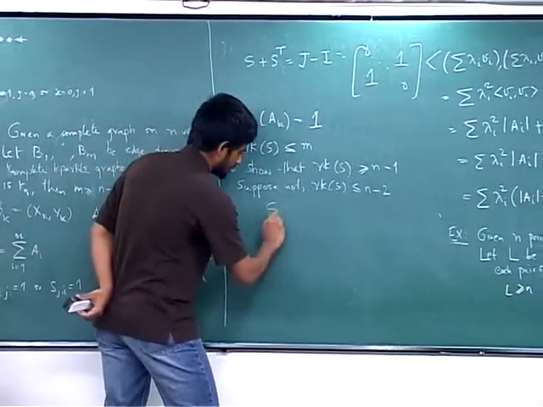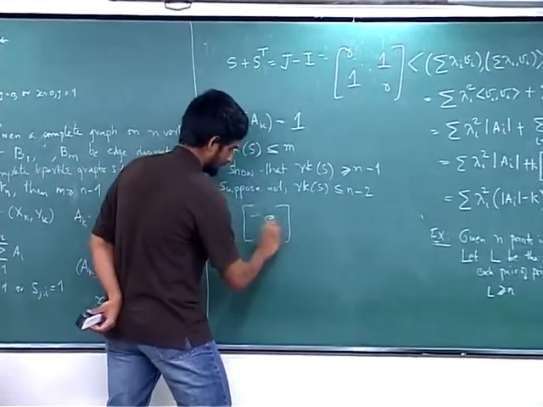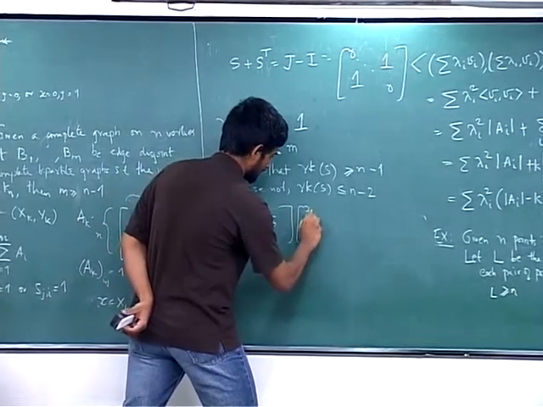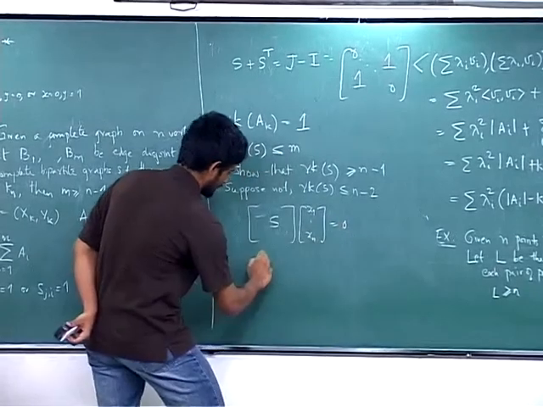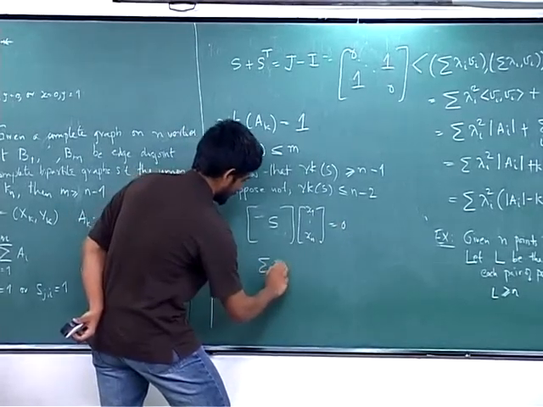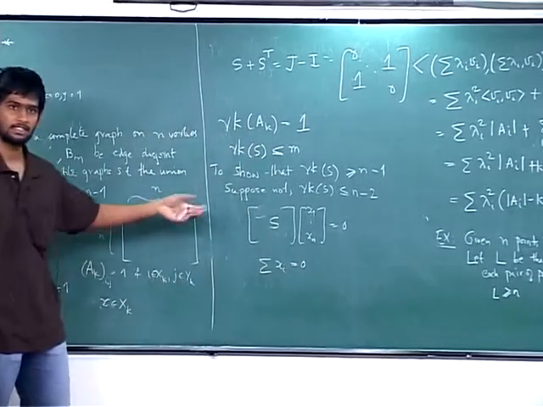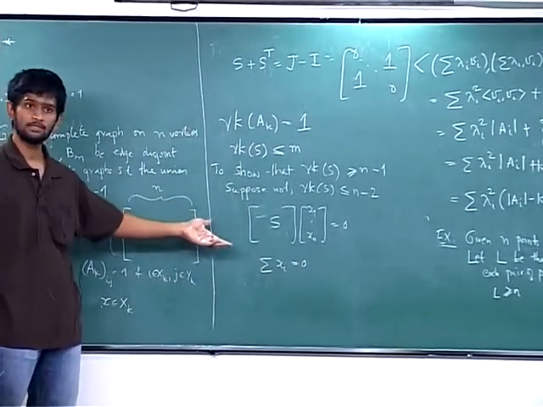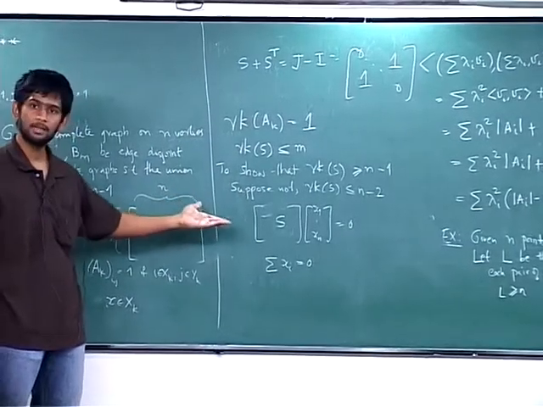Look at this set of equations. S defines some matrix. So this is S times (x1 to xn) equal to 0 and summation xi equal to 0. So this is a set of equations. There are n plus 1 equations, right? But how many linearly independent equations are there?